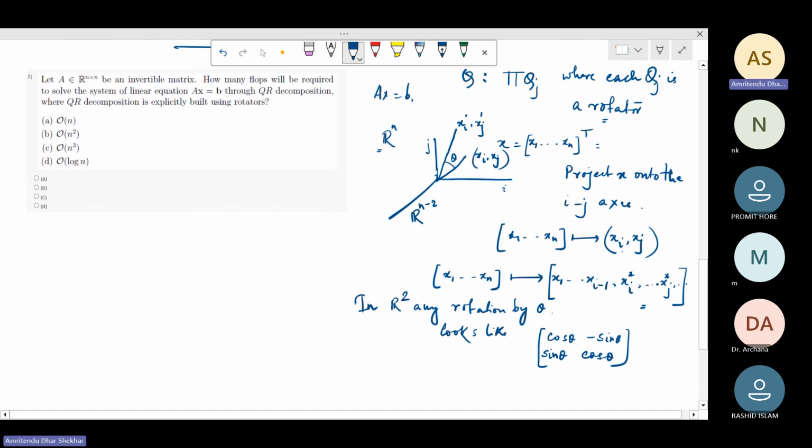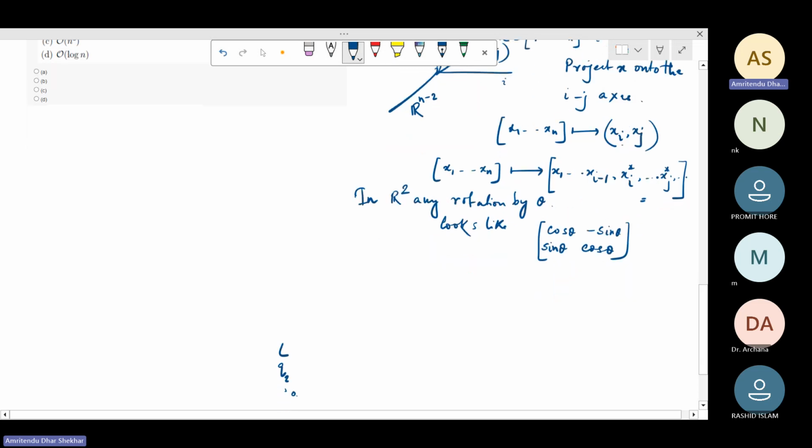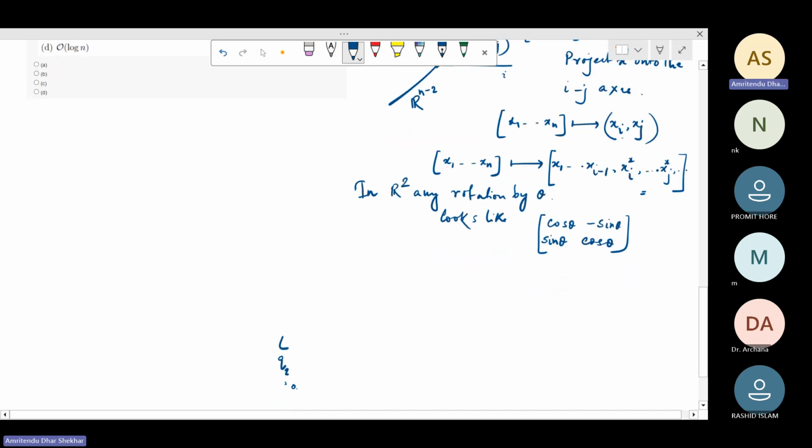For Rn, you are only changing the ith and jth coordinates. The rest of the coordinates remain invariant. So a unitary rotation in any one plane looks like this.